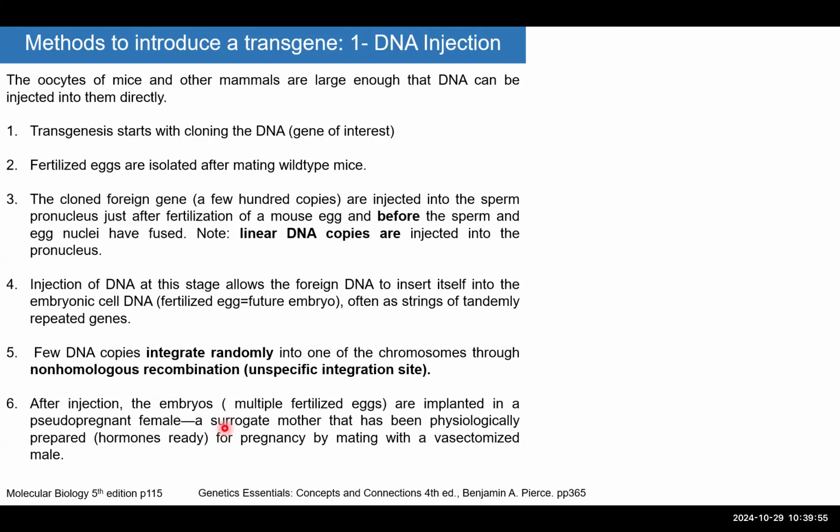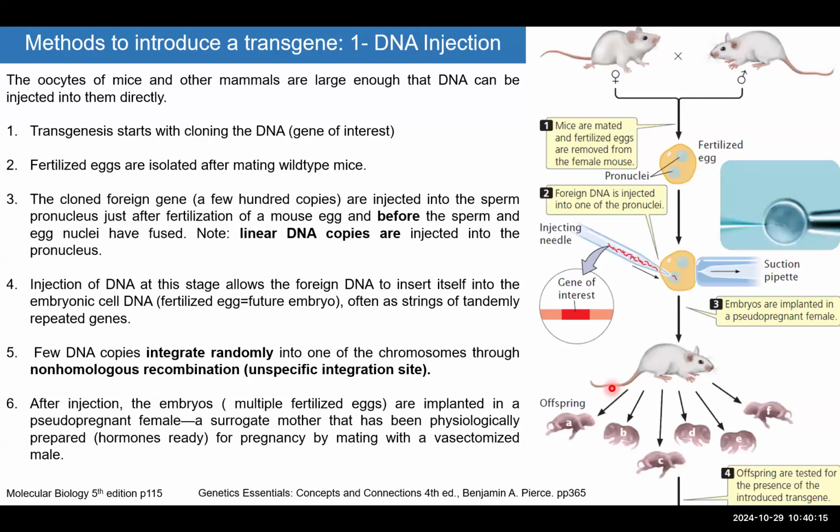It's similar to in vitro fertilization. We will discuss this in the last slide. So a pseudopregnant female is a surrogate mother that has been physiologically prepared by having hormones ready for the pregnancy. Okay?